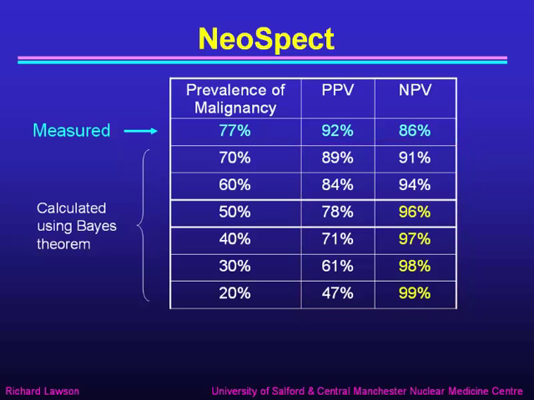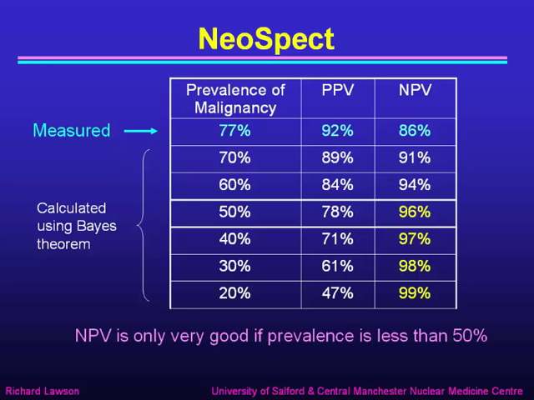And this is where Amersham's statement comes from. If the prevalence is less than 50%, you see that we get a very good negative predictive value of more than 96%. That's what they're basing their statement on, saying that actually in your population of patients you're not going to have as high a prevalence of malignancy as they had in their trial, and so they are assuming that you are going to get a good negative predictive value simply because you don't have such a high prevalence of malignancy.